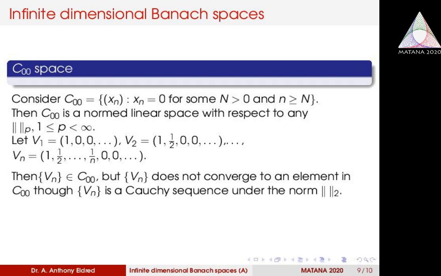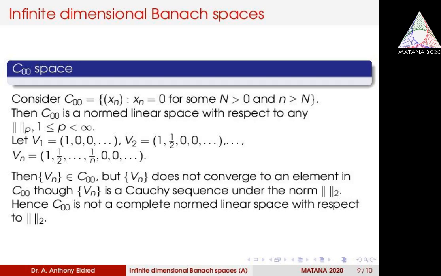And since summation 1 by n square is convergent, we know that this series is also convergent. Therefore we can verify that vn is a Cauchy sequence under the 2 norm, and this sequence converges to a sequence in the 2 norm.